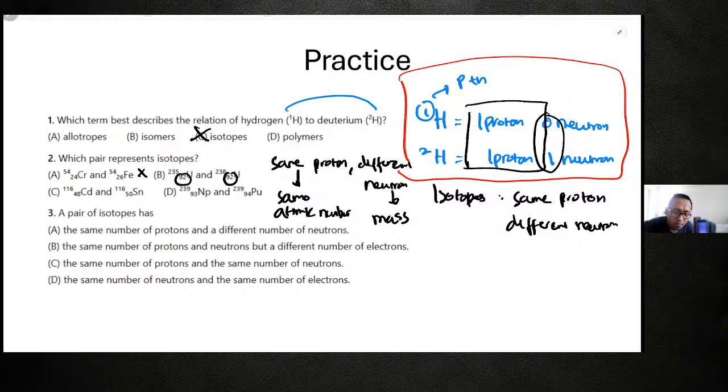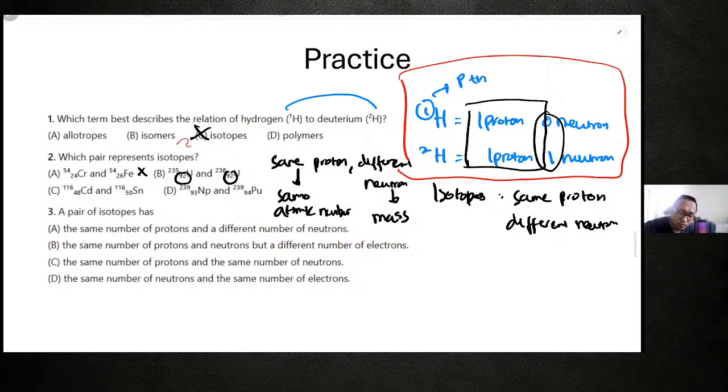And how about the mass? The mass is different, 235 and 238. This one should be isotope. How about option C? Like the previous one, option A is not an isotope.